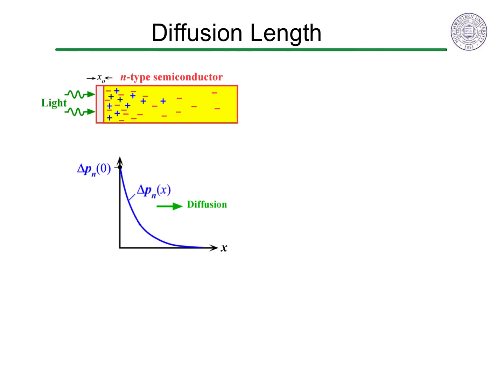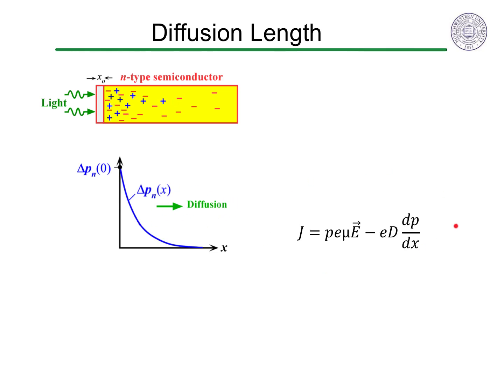Let's say that the illumination produces a hole concentration increase of delta P sub n at the surface x equals 0, and we want to know how it changes as a function of x, considering that some of the holes should diffuse into the semiconductor.